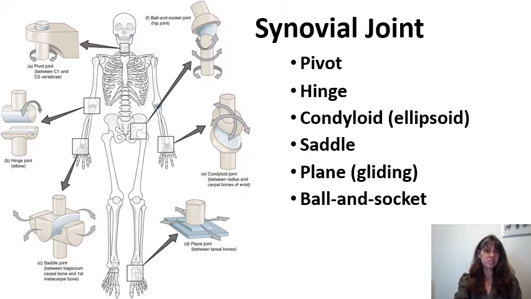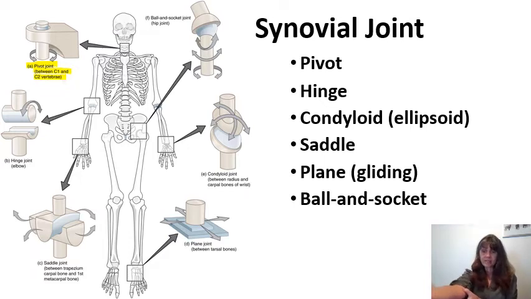Looking at the first type of synovial joint, the synovial pivot joint occurs between atlas and axis, which you'll remember are the first and second cervical vertebrae in the spine. This is because atlas is going to pivot around the dens of axis.